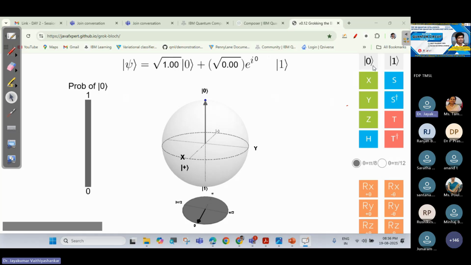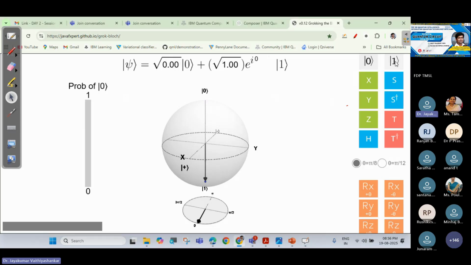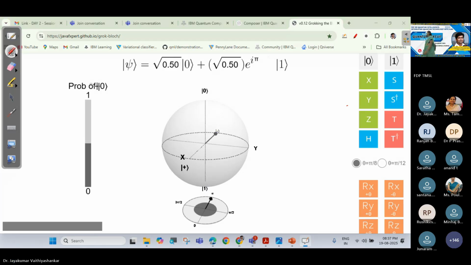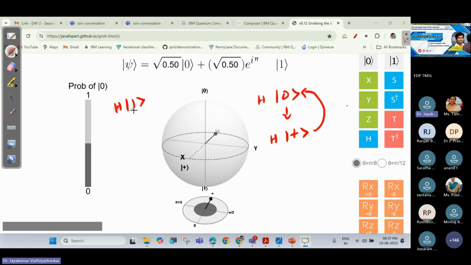From state 1, apply the Hadamard gate, it will go to the negative state. So from state 0, if you apply Hadamard, it will go to the positive state. From the positive state, if you apply Hadamard, it will go back to state 0. In the same way, if you are in state 1 and apply Hadamard, it will go to the negative state.